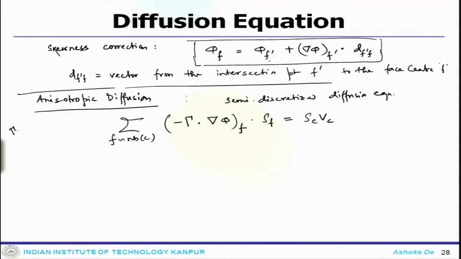Here gamma is varying in space. This gamma can be treated as a second order symmetric tensor, which will represent the anisotropic tensor.